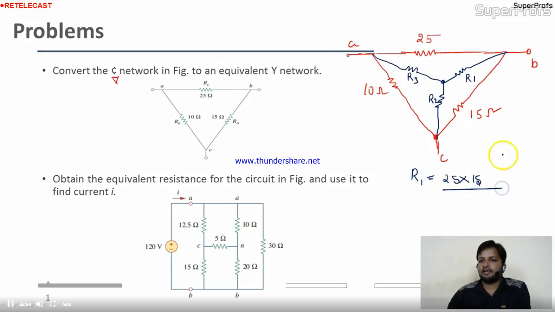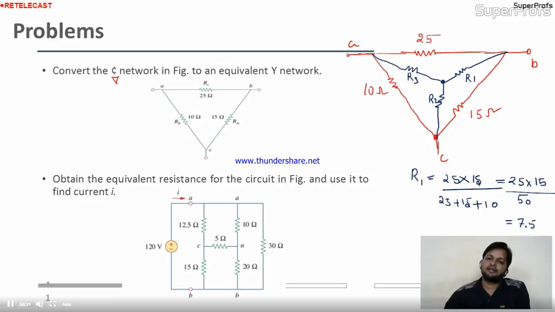Remember the formula. If you want to get R1, we'll multiply 25 and 15 and divide by the summation of all, means 25 plus 15 plus 10, which is 50. Finally, you are having 7.5. Is it correct? Yes.